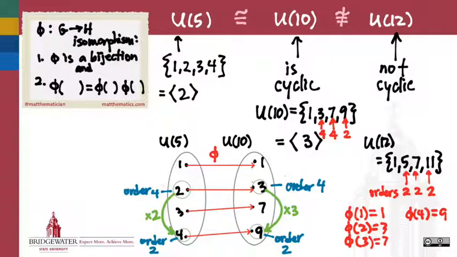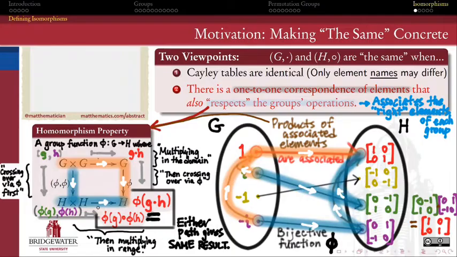Is another way to say that. If I do the operation first and then I cross over with the isomorphism phi, versus if I cross over first and then I do the operation in the range, those two answers need to be the same answer. So isomorphisms respect not only the elements, but also the structure, the operation in each of those groups. And the product rule is the formula, the equation that describes what that actually means more concretely.